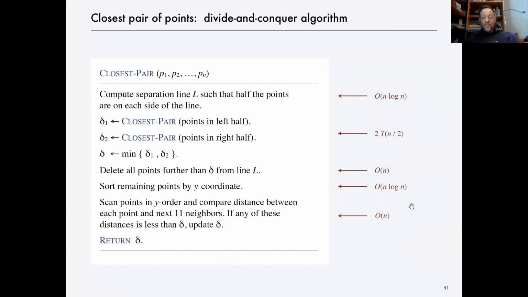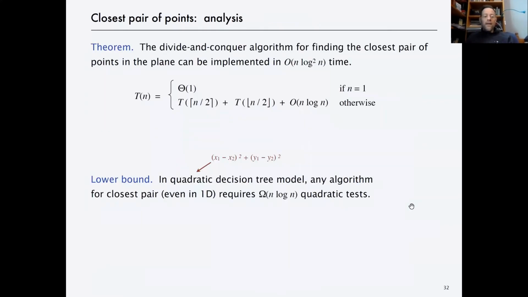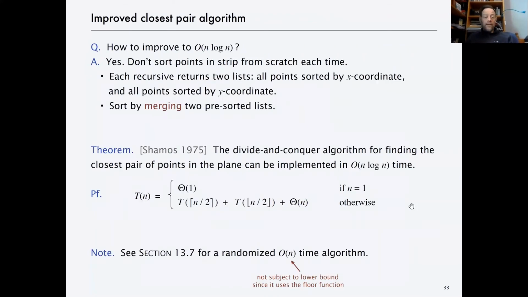Then we draw this line, and then we compute the closest pair on the left side, the closest pair on the right side, and then we take the minimum of these, and we use that to then sort these points that are within this distance from L. And then we linearly go through this to update these positions. And then we return the smallest pair that you can find. So this is then clearly an n log n algorithm, which is very useful and efficient.